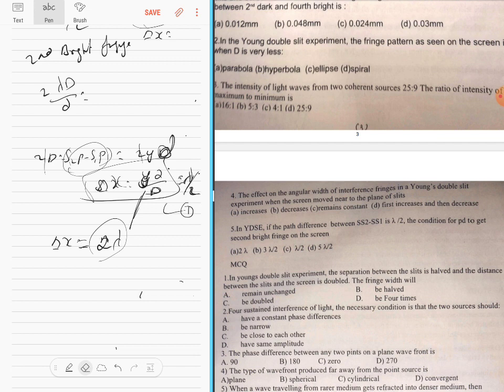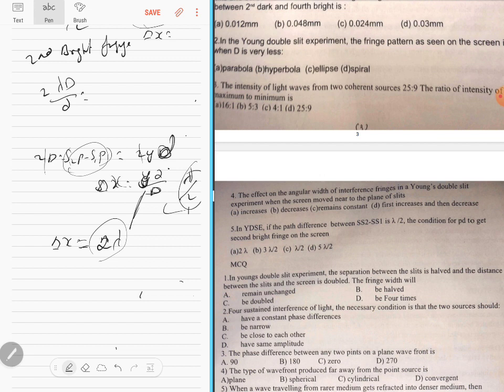I'm just trying to think what I can do. The path difference itself is lambda by 2. Have they given it's lambda by 2, the path difference? Yes, very clearly they've given the path difference to be lambda by 2.